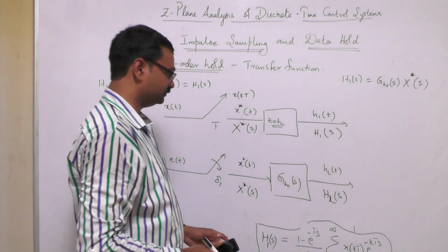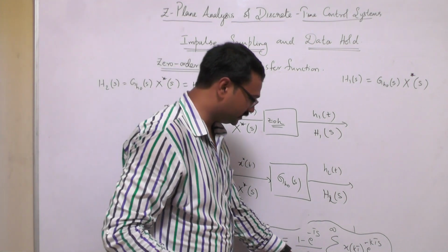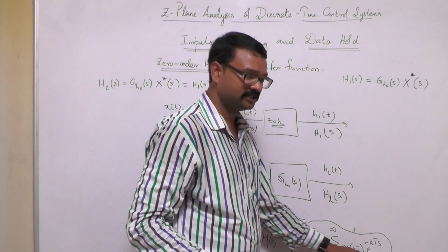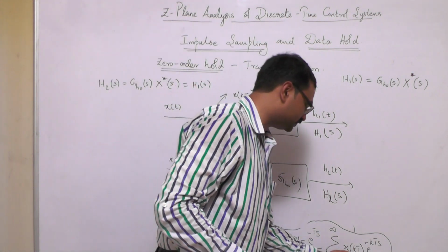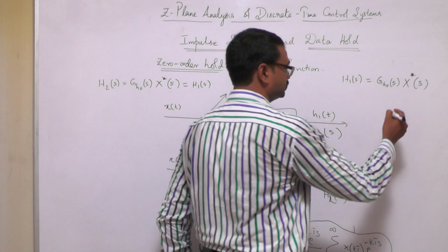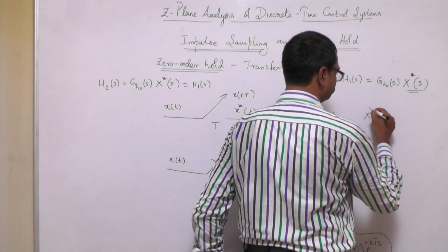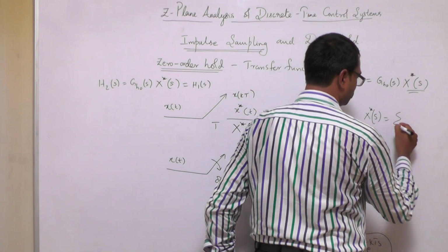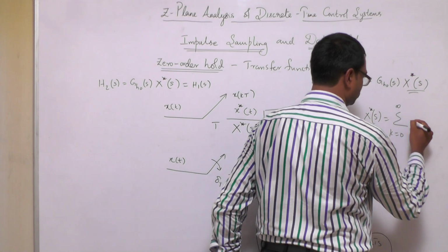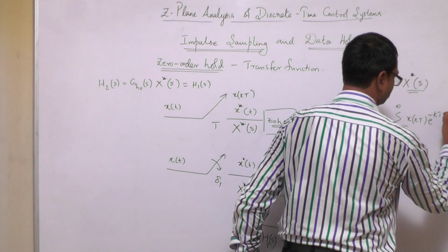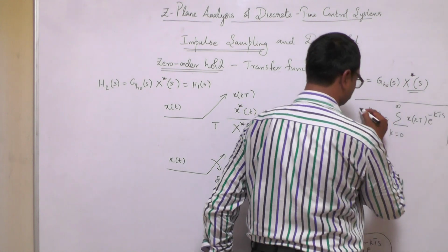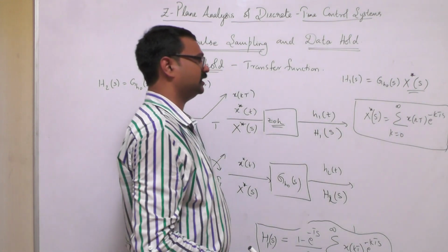Now let me say sigma k is 0 to infinity x of kt e power minus kts. While deriving impulse sampling, we have already discussed that x star of s is equal to sigma k is 0 to infinity x of kt e power minus kts. This has already been discussed in our immediately previous class.